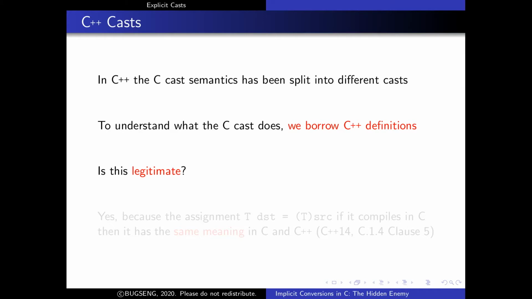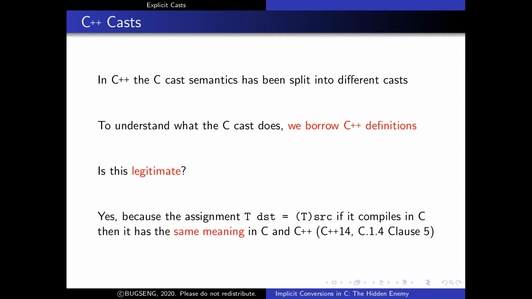So we will have a very brief introduction to the C++ casts. You might wonder if this is legitimate. And yes, it is, because in the C++ standard, it is stated clearly that if an assignment of this form compiles in C, then it has the same meaning in C and C++.